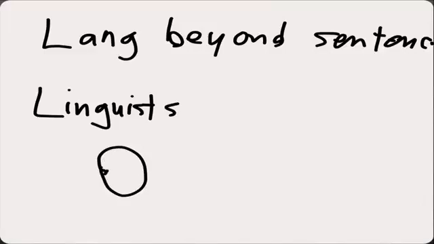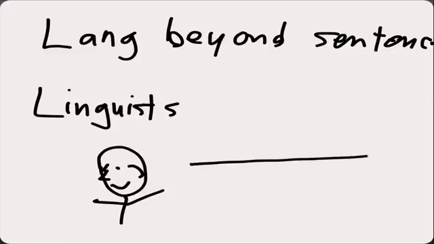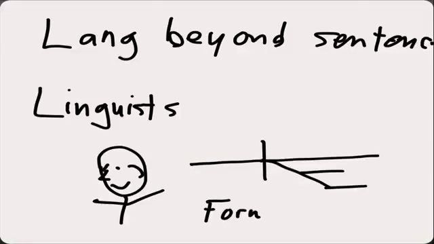Linguist A here really wants to do what we might think of as diagramming sentences and looking at how those formal properties are playing in discourse analysis, or in how people are using more than one sentence or strings of sentences or strings of paragraphs together.